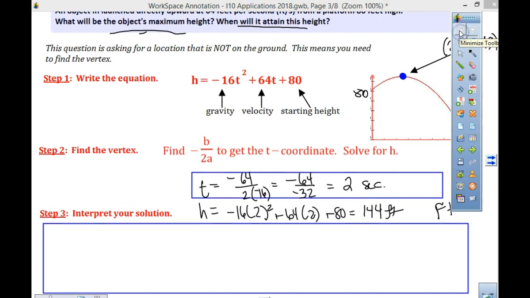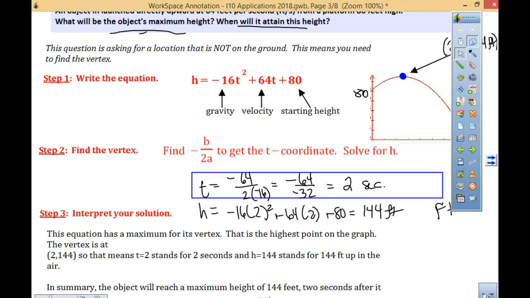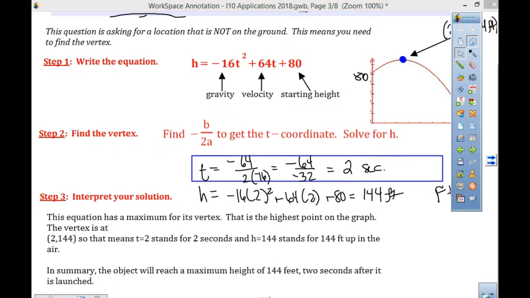So if we're interpreting our solution, we just have the 2 and the 144, and what you're going to see in this interpreting part is that they are telling us the equation for maximum vertex, the highest point. The vertex is 2, 144. The 2 stands for 2 seconds. So just making sure you label your answers. So in summary, our object will reach its maximum height of 144 at exactly 2 seconds.